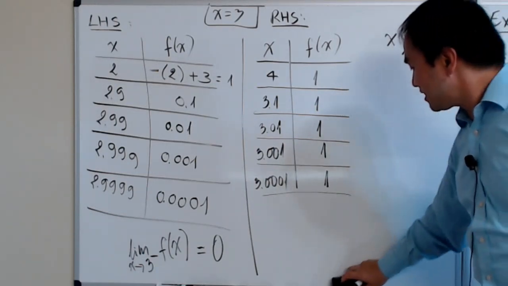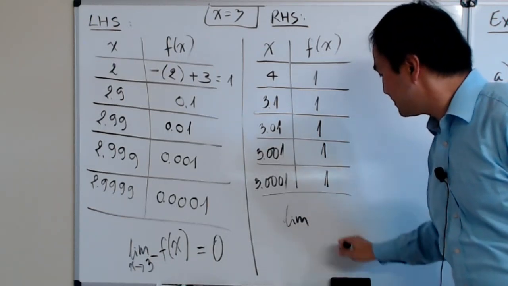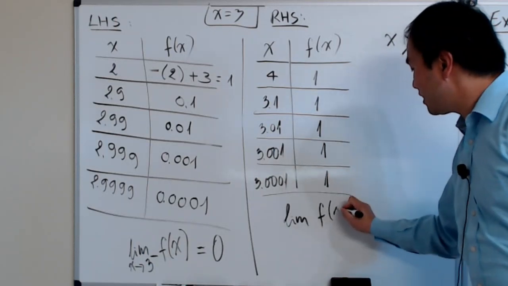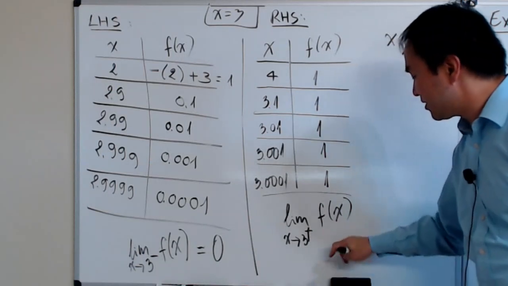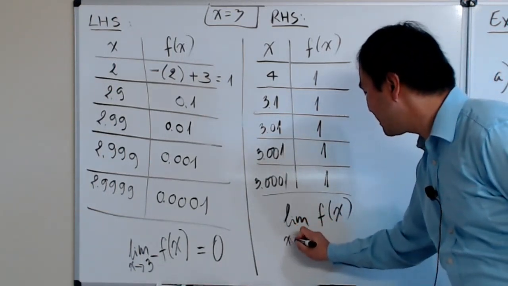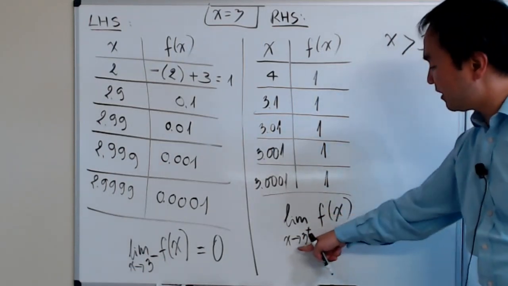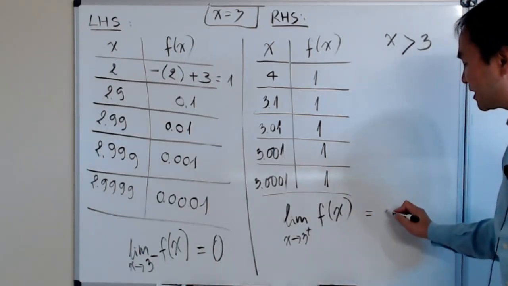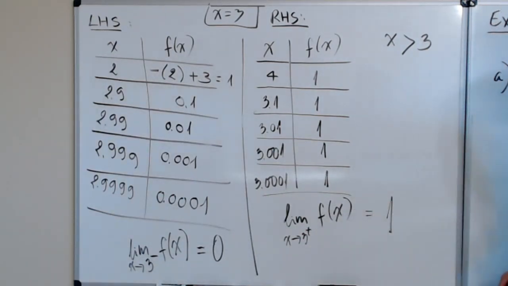This time we don't even need to make any prediction, because no matter how close we come to 3 from the right-hand side, as x keeps getting closer and closer to 3 from the right-hand side, our function values will permanently remain 1, which is also its own limit on this function.